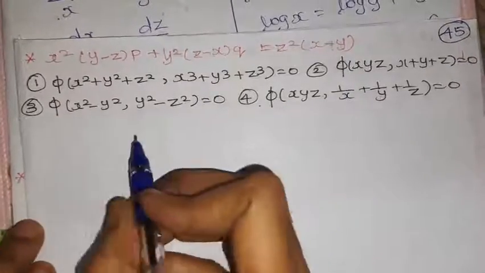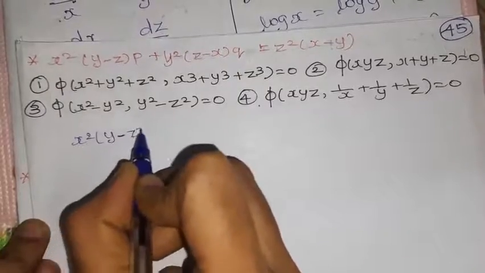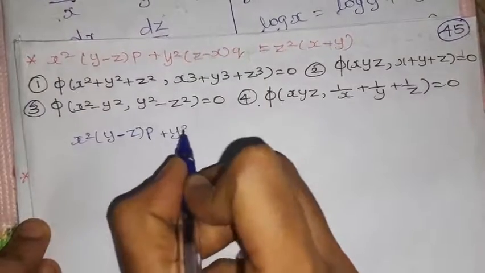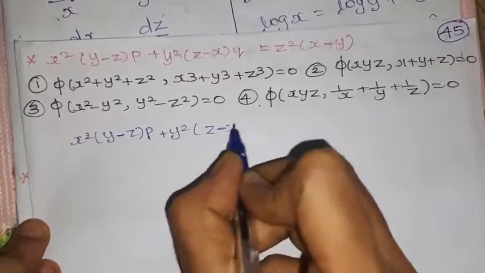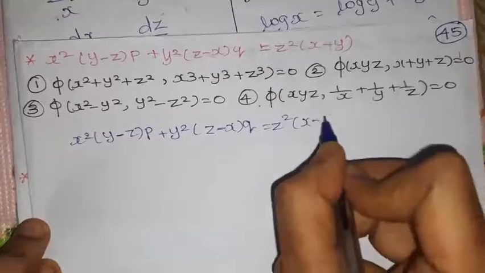Okay, so what is given in the question? x squared into (y minus z) into p plus y squared into (z minus x) into q equal to z squared into (x minus y).